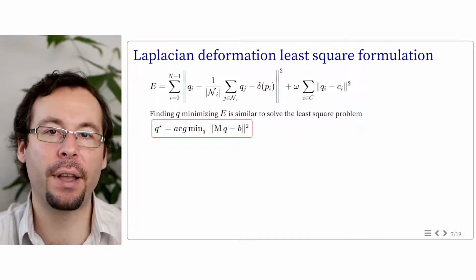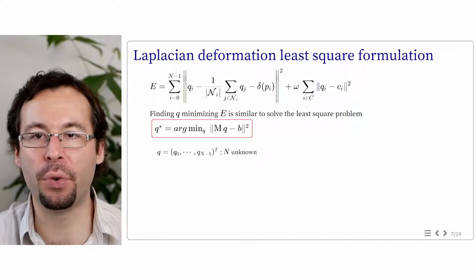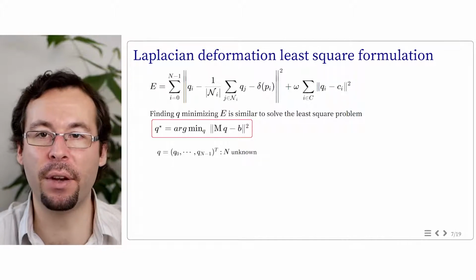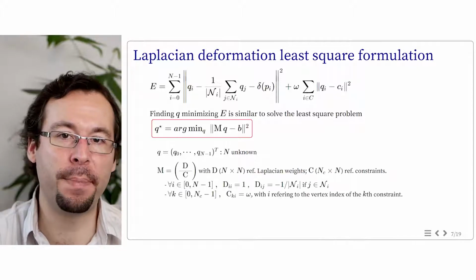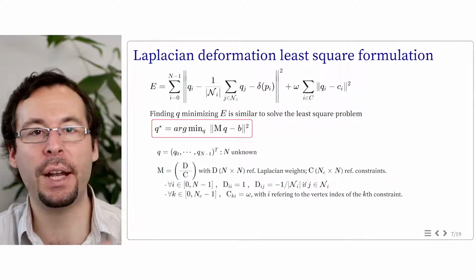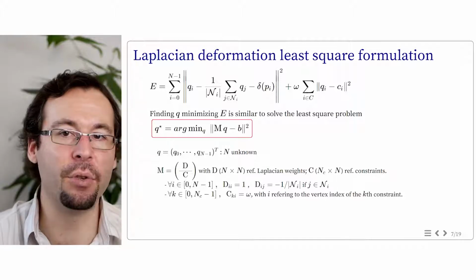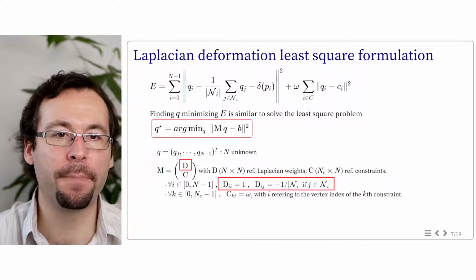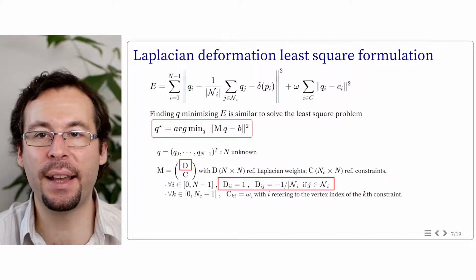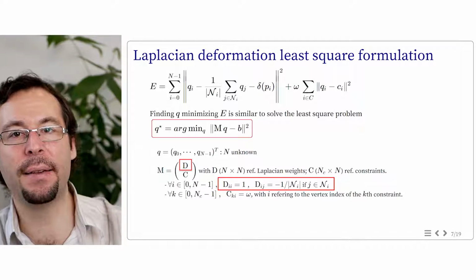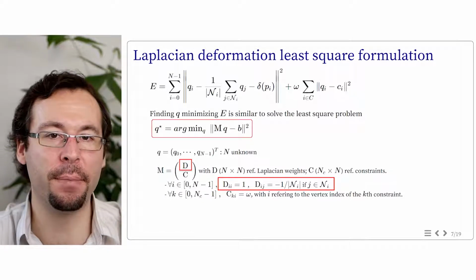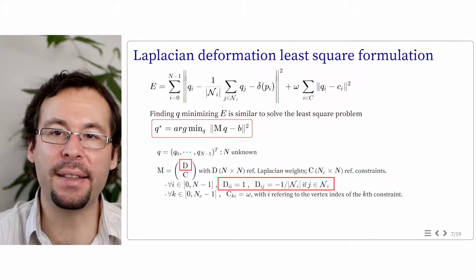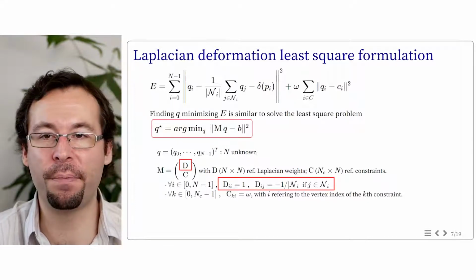If we look at the reorganization in matrix form, we have q given by all the values of qi concatenated together. M is a large sparse matrix with two parts, the Laplacian part that I call D and the constraint part that I call C. D is square, an n times n matrix, and it has 1 on the diagonal and minus 1 over the number of neighbors in the entry ij, when i and j form an edge of the one ring of pi.